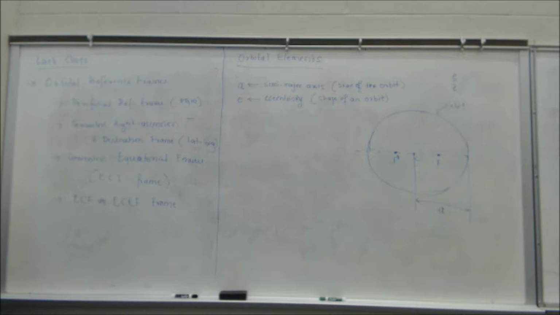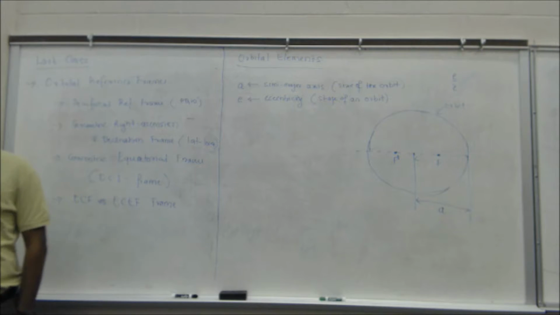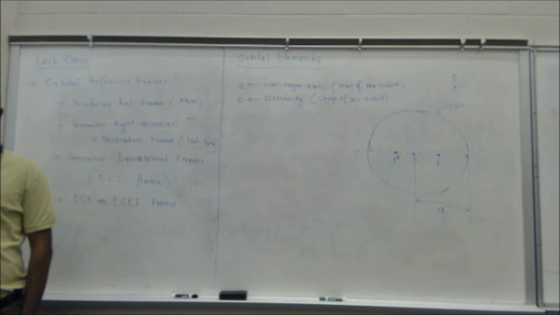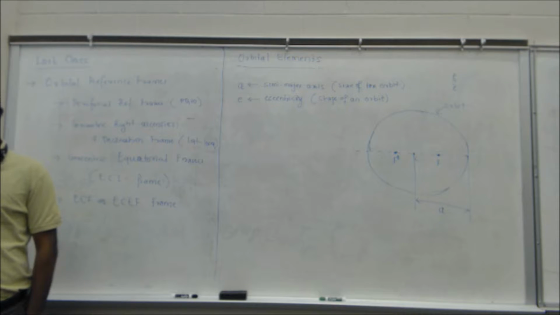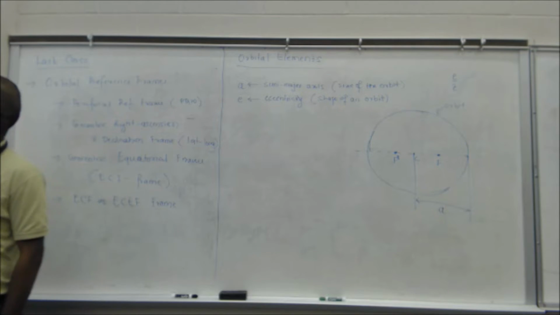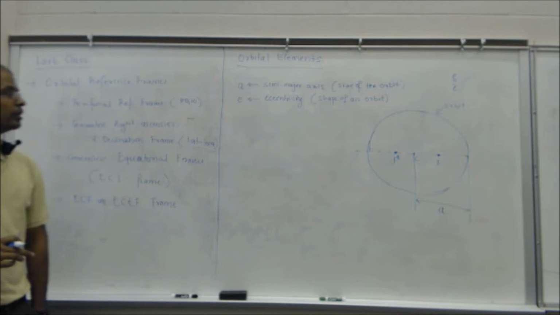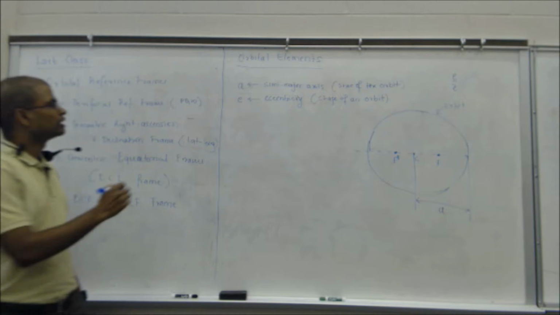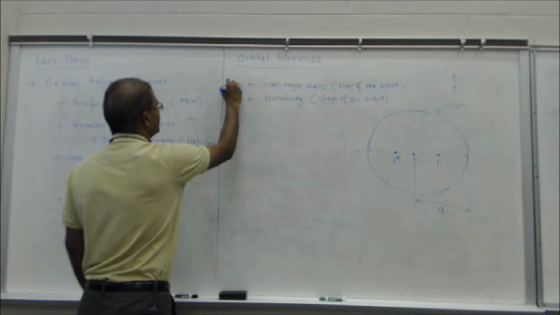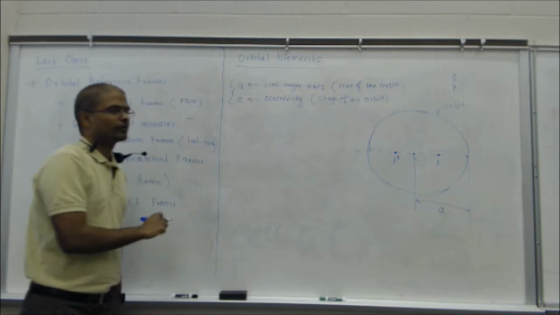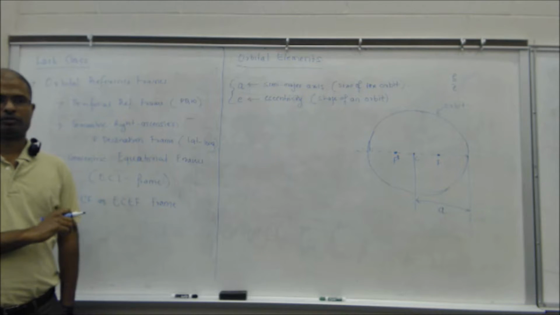The eccentricity vector points in the periapsis direction, always, okay? But eccentricity defines the shape of an orbit. All right, so these are the first set, size and shape of an orbit.